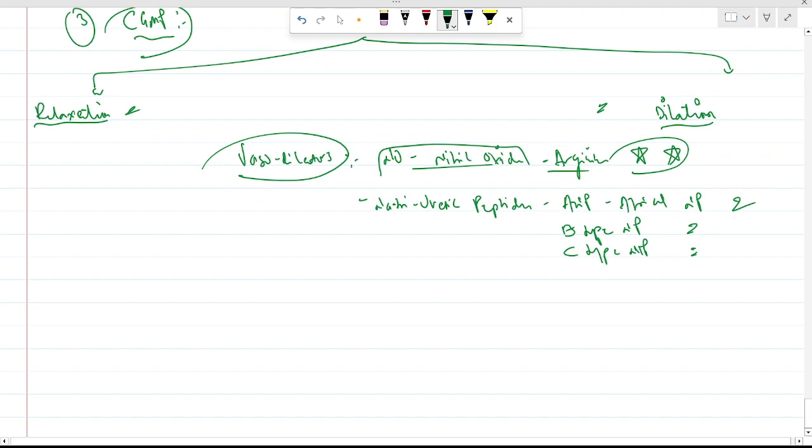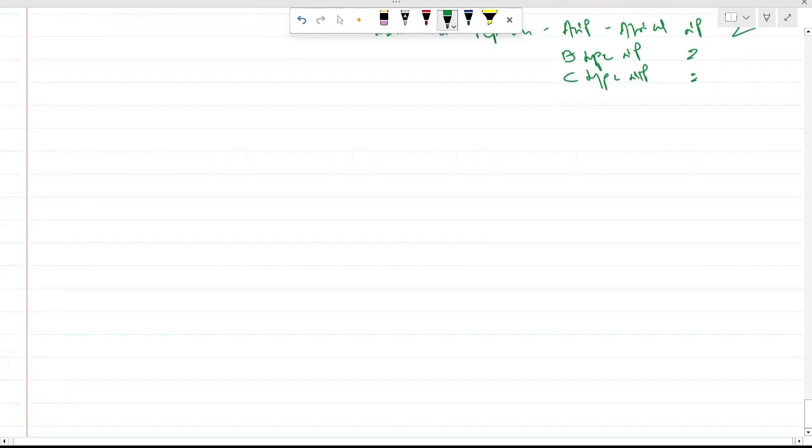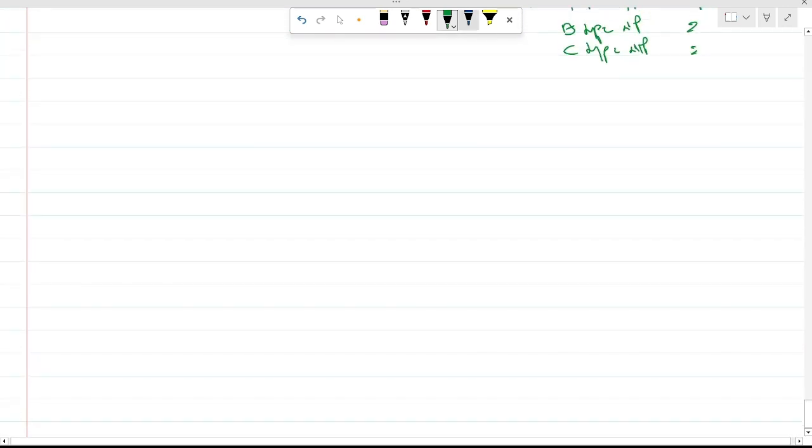You've seen three types of second messenger system, and the G protein coupled receptor, how it acts through these three second messenger systems. Now we're going to see second type of extracellular receptor, tyrosine kinase.